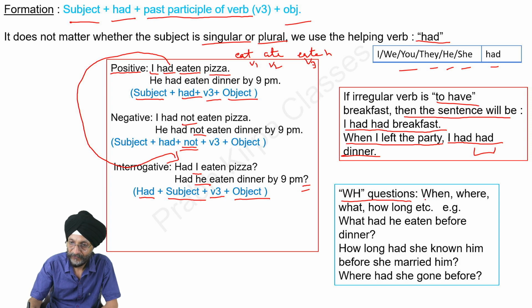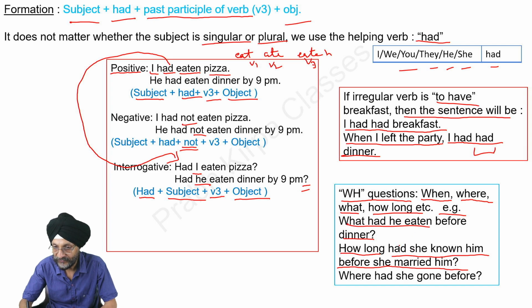We can also use WH questions to make interrogative sentences. WH forms may be when, where, what, how long, etc. Examples are here. What had he eaten before dinner? How long had she known him before she met him?